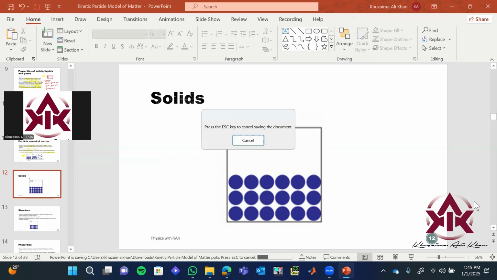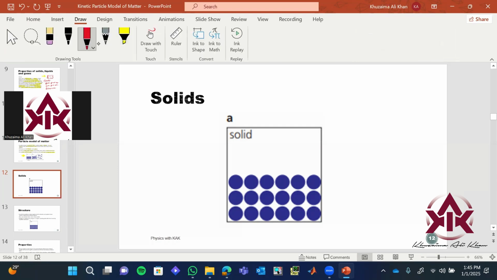So first of all, I will ask you guys, we have done this already, right? Quickly think about the structure of the solid. How is the structure, just by seeing the diagram? You can pause the video here and think about the structure over here. I guess you might have pondered over this. The first thing you might have observed is it has a regular structure, or the better word to describe this is that it is uniformly arranged, right?